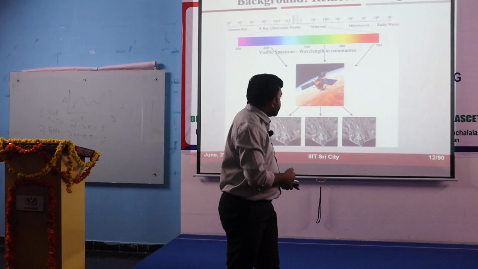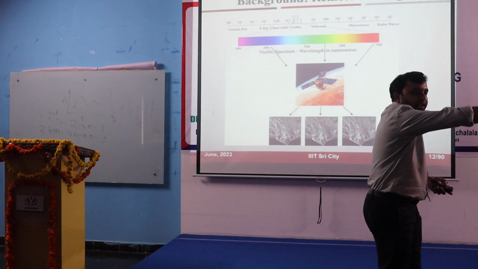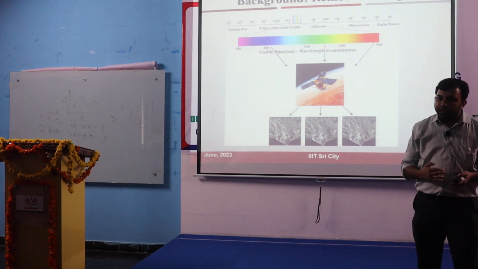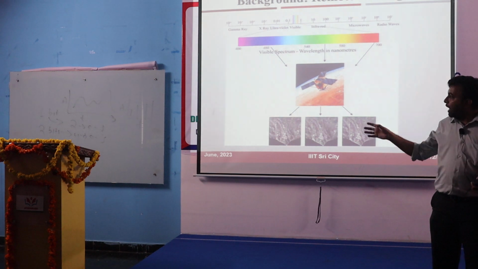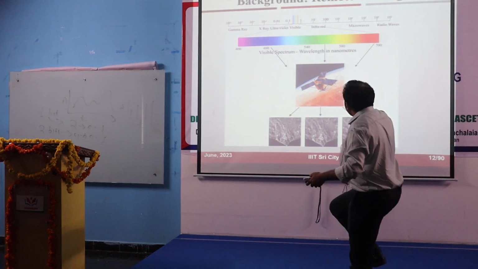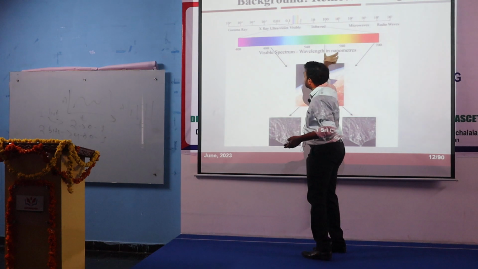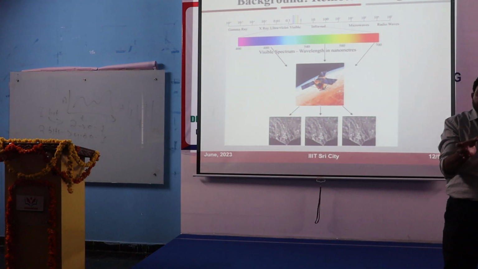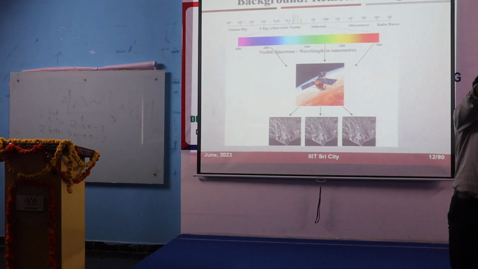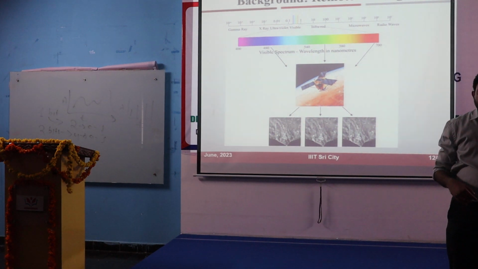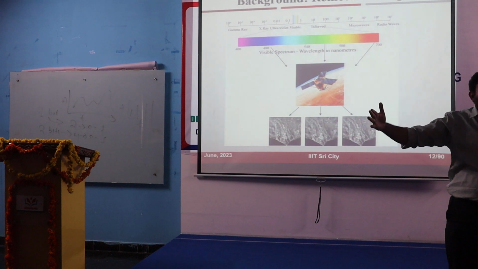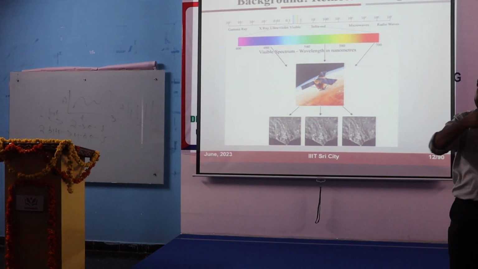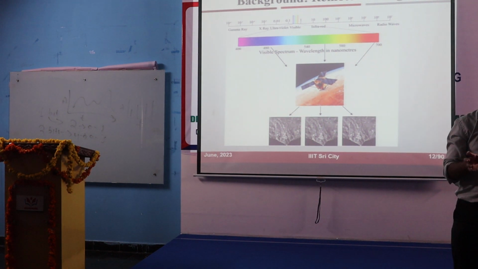So this is along the spectral direction. I hope you understood. If I have only one image for this entire wavelength range, that means I have only one camera which will receive the energy from red, green and blue. In the other case, I have 3 cameras which can separate red, green and blue. I hope it is clear.